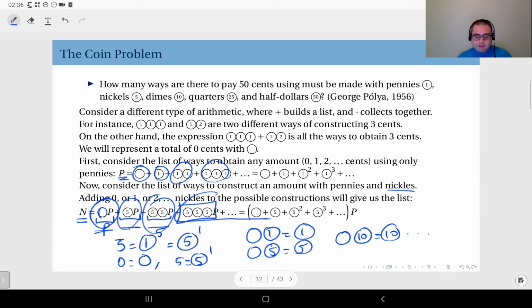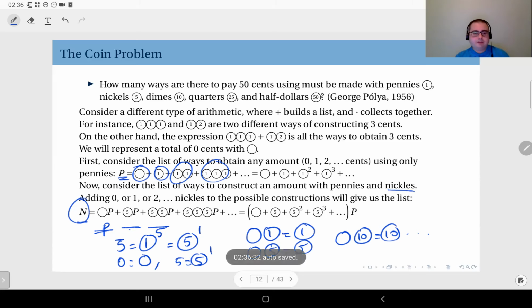Okay, but at the end of the day, N here represents all the ways to construct any amount, 0, 1, 2, 3, 4, 5, 6, beyond through infinity, consisting of pennies and nickels. That I can achieve by adding any number of nickels to P here.